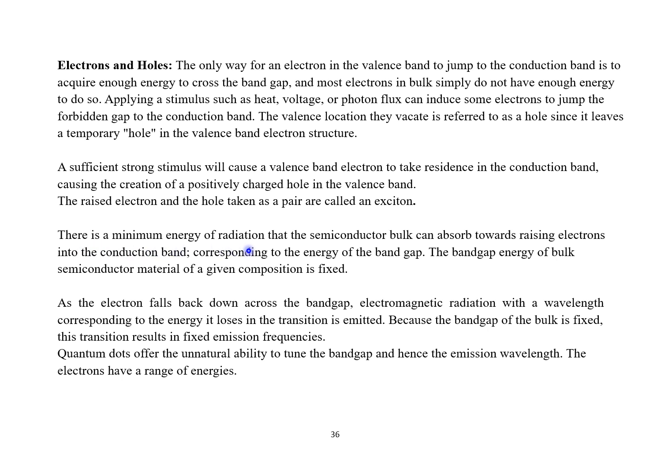There is a minimum energy of radiation that the semiconductor bulk can absorb towards raising electrons into the conduction band. بصورة عامة يعني بالنسبة للbulk semiconductor أكو كمية الطاقة هي محددة اللي هي الانرجي جاب حتى تسبب لانتقال electrons من الvalence band to the conduction band corresponding to the energy of the band gap. فهي حسب الباند gap. The band gap energy of bulk semiconductor material of a given composition is fixed وهي ثابتة.